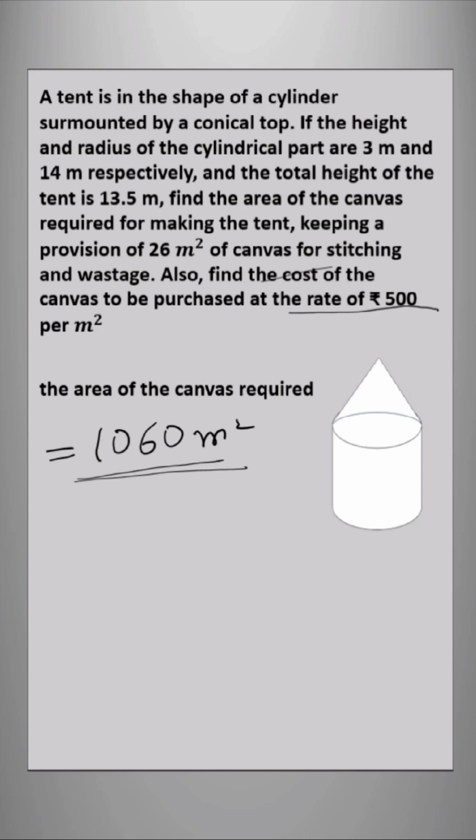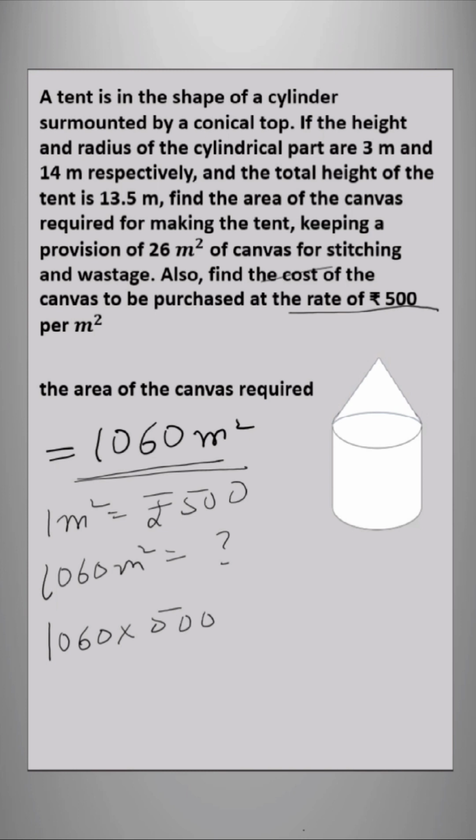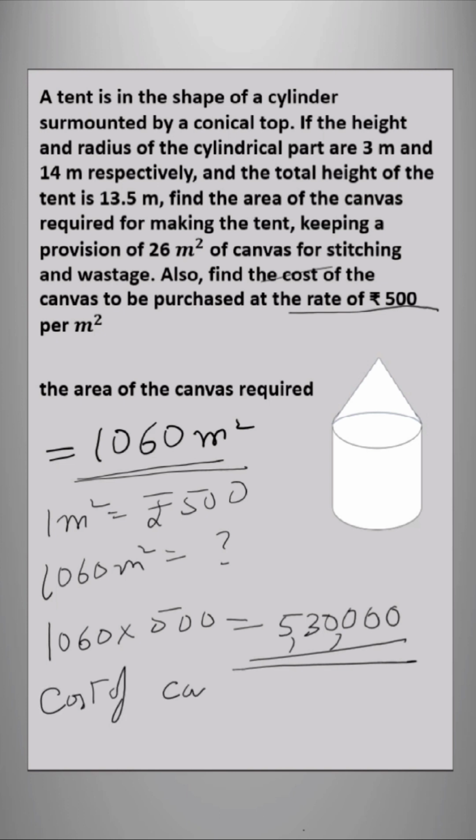For 1 meter square, rupees 500. For 1060 meter square, how much? So 1060 into 500 is 5 lakh 30,000 rupees. So cost of canvas is rupees 5 lakh 30,000.